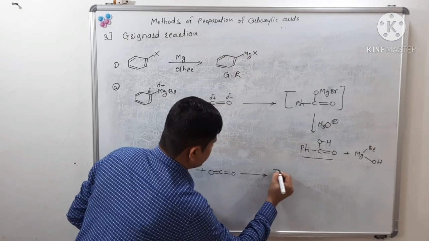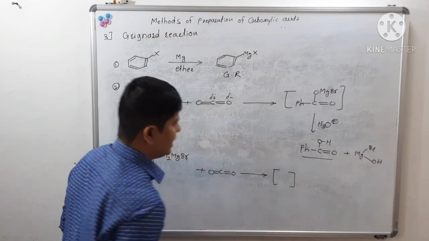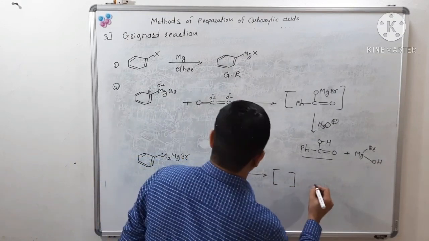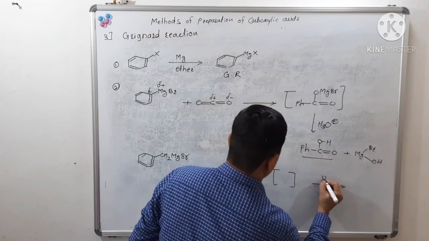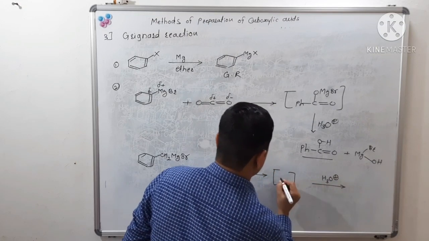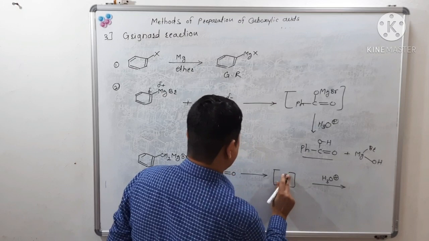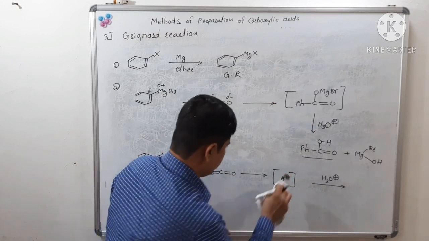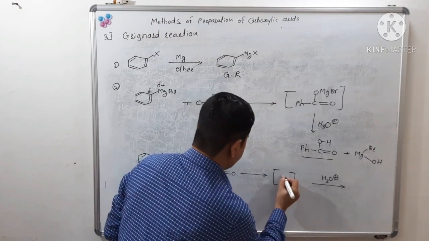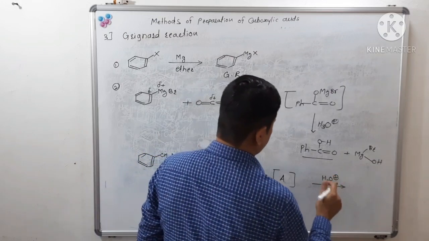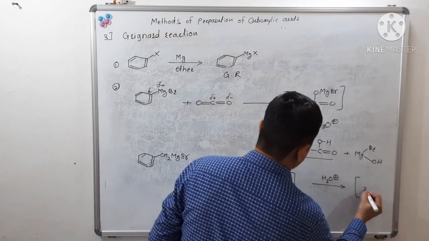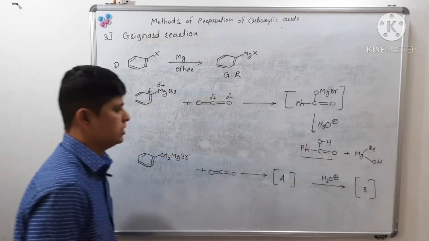What you will get in step A, and after hydrolysis of this, what will be this A? Identify A here, and after hydrolysis what you will get? Identify B here.